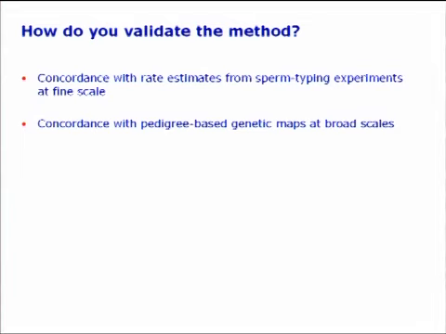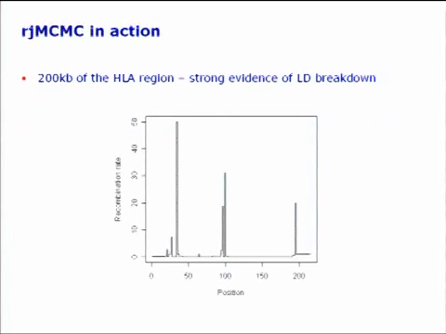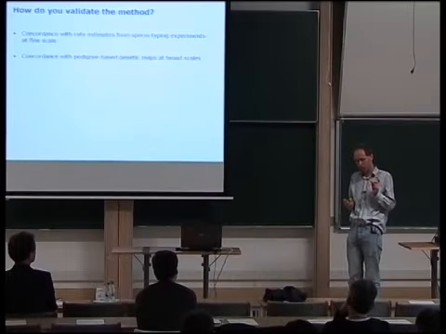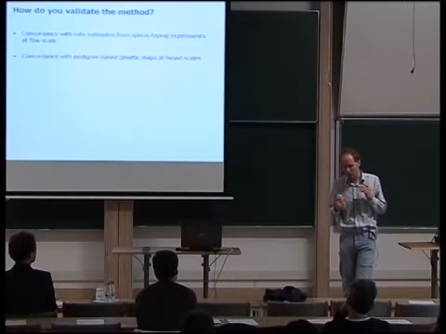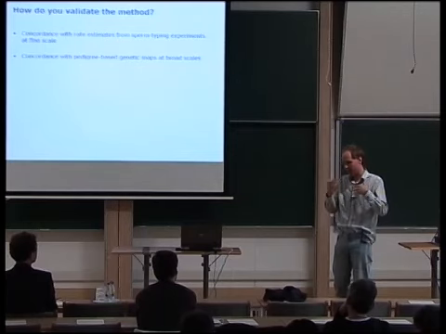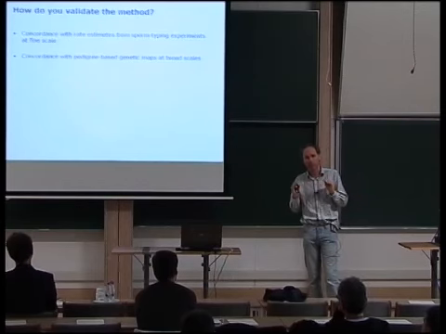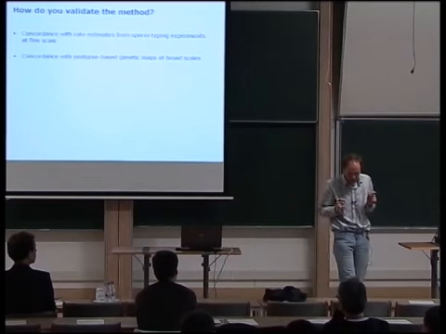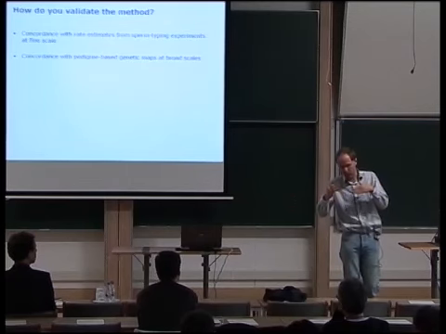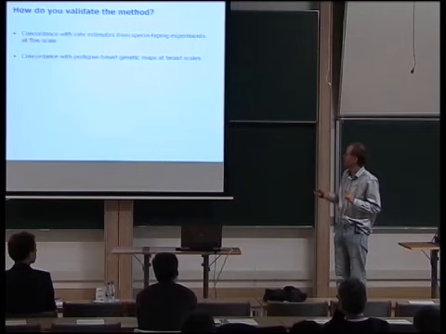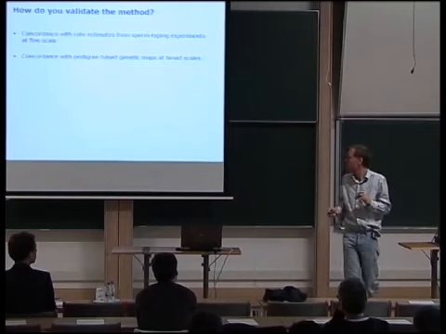One is that in some regions, and in particular in this region that I showed you the samples from, Alec Jeffreys in Leicester has done very fine-scale estimation of the crossover rates within this region, not by studying pedigrees or anything, but actually by looking at crossover events in sperm. So you can build up very fine-scale genetic maps by looking at crossover events in sperm. These are very difficult experiments. You can't do them on a large scale, but you can do them for some regions.